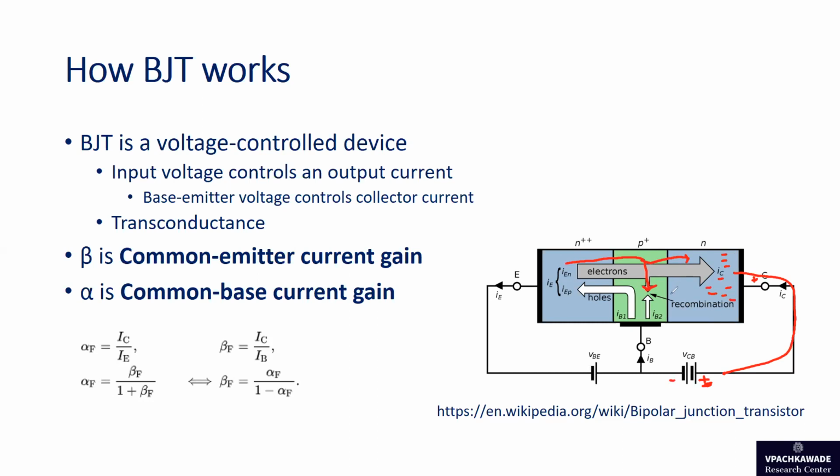Okay, so this junction is in the reverse bias position. Across this junction J2, we apply a reverse biasing. Across this junction J1, we apply a forward biasing. So you see, we say that the base-emitter junction gets forward bias and the collector-base junction gets reverse bias. So this is how the BJT operates.